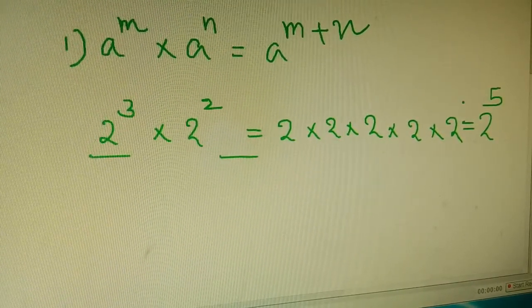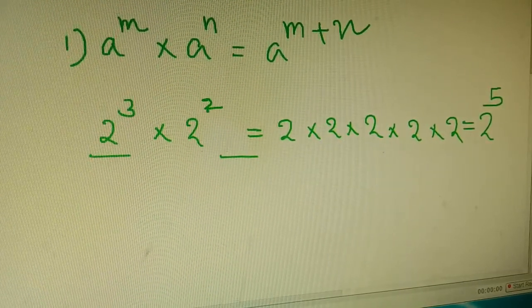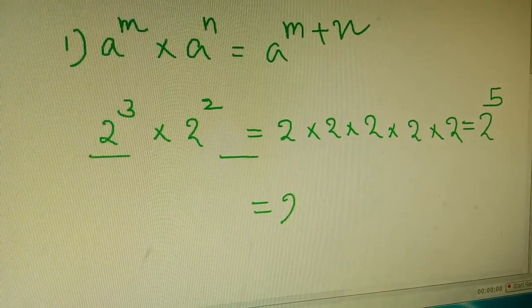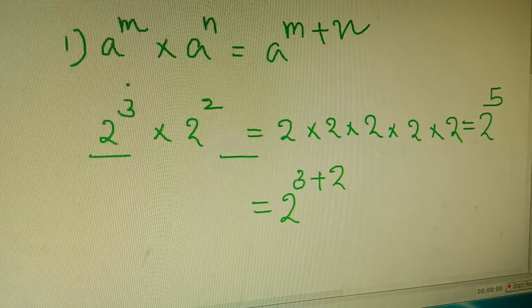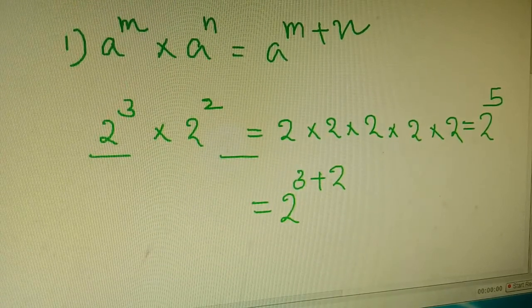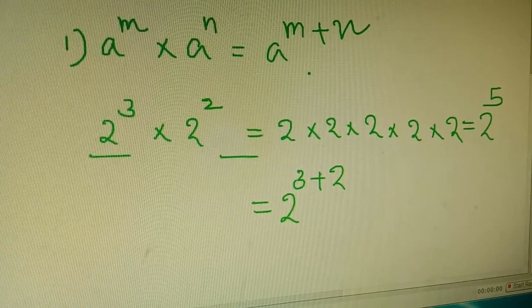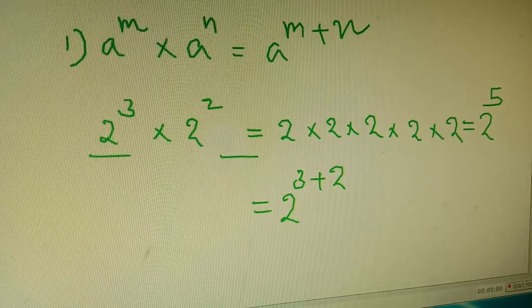So 2 to the power of 3 times 2 to the power of 2 is equal to 2 to the power of 5. That is actually 2 to the power of 3 plus 2. So this law, a to the power of m into a to the power of n is equal to a to the power of m plus n. Clear? That is the first law.